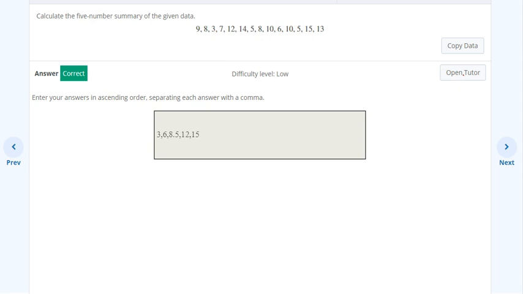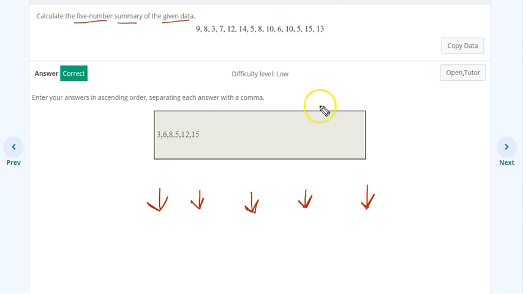Now, the next kind of example you might get is something like this. Calculate the 5-number summary of the given data. So there is your data, and you're asked now to find, in a sense, the middle, the end on this end, the end on this end, and then also the middle of these and the middle of these.